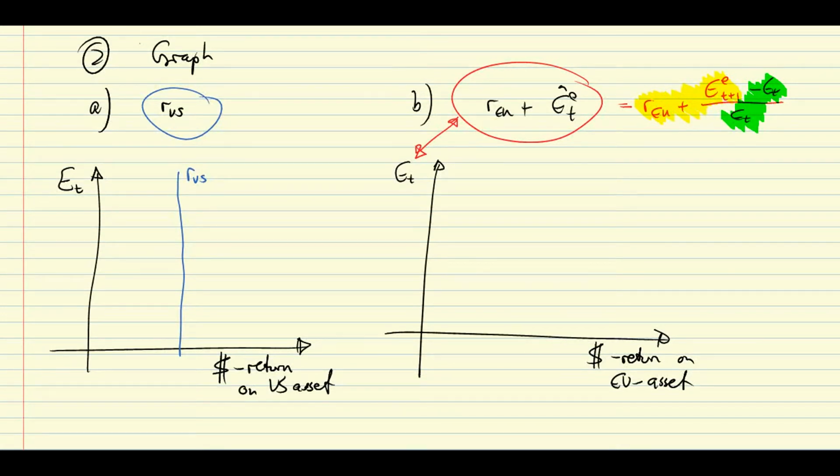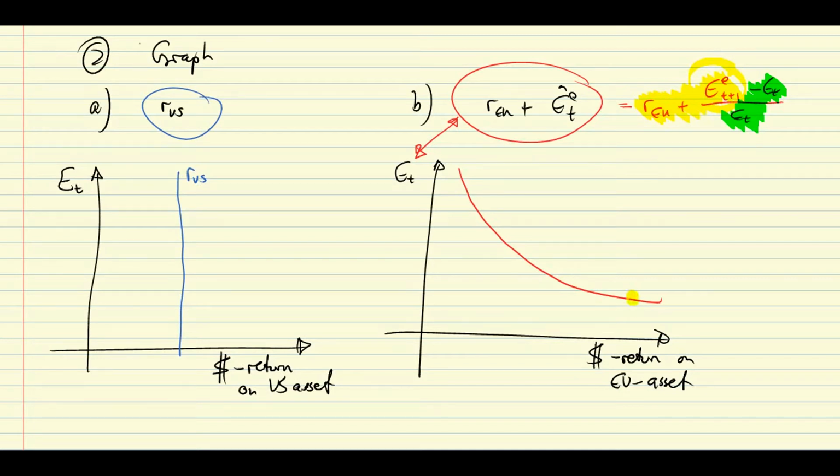Well, it's easy to see that the lower the exchange rate, the higher must be the dollar return on the EU asset, for the reasons outlined before, that crucially rests on the assumption of the fixed expectation, since a more appreciated dollar exchange rate today implies higher future depreciation.